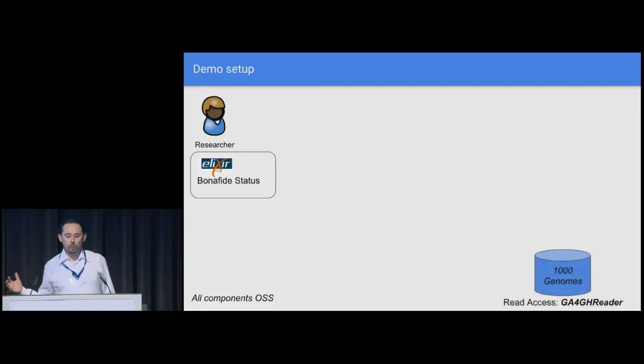And then on the other side, we have a demonstration of a data resource. In this case, for demo purposes, we took 1,000 Genomes, but we brought up on top of it a controlled access, if you will, or registered access Beacon API implementation.